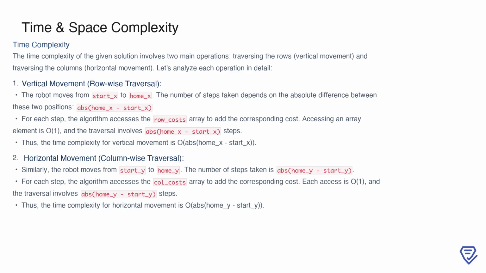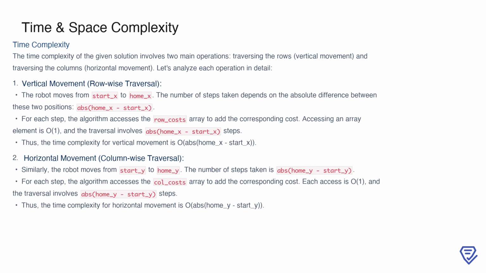The number of steps it takes is determined by the absolute difference between these two positions, represented as abs(home_x - start_x). For each of these steps, the algorithm accesses the row_costs array to fetch the associated cost. Since accessing an array element is a constant time operation, O(1), the total time complexity for this vertical traversal is proportional to the number of steps, which is O(abs(home_x - start_x)).